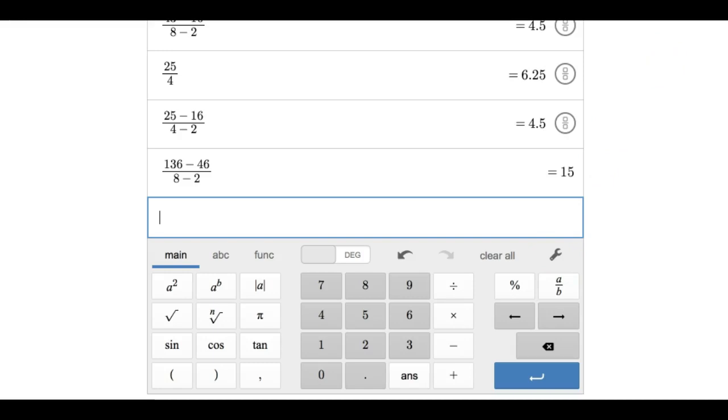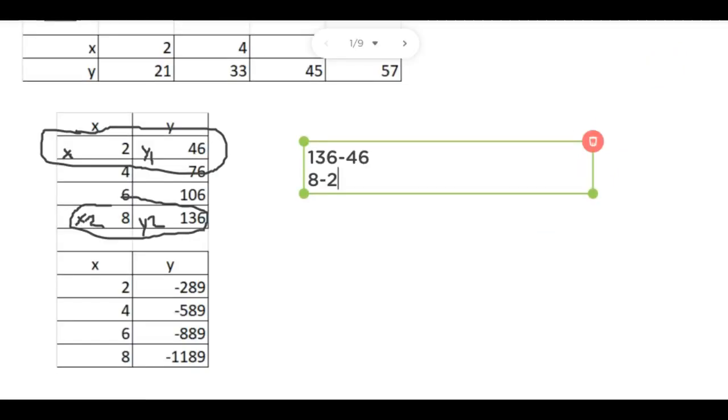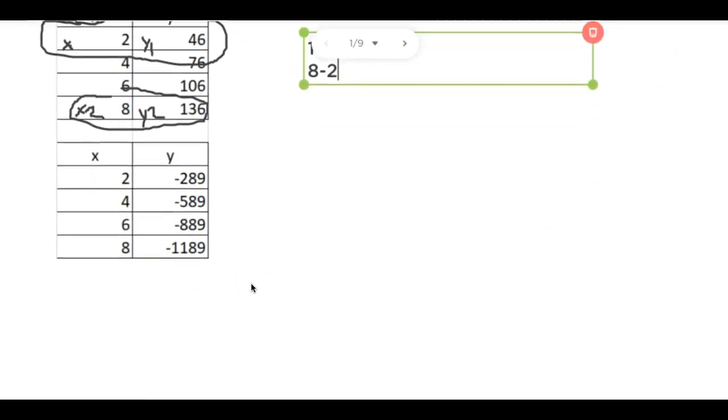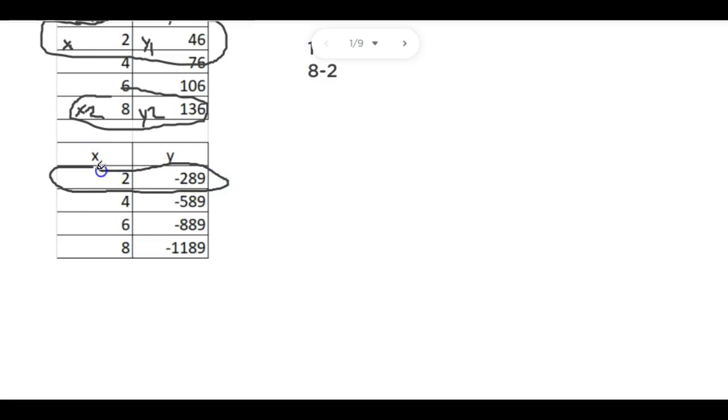And I'm going to move really quick on this last one, because sometimes you're coming across negative numbers. Now, this is important. Make sure you handle these properly. I'm still going to circle my points. Let's still label: x1, y1, x2, y2.